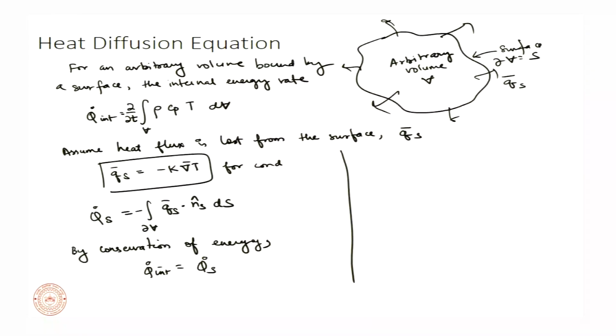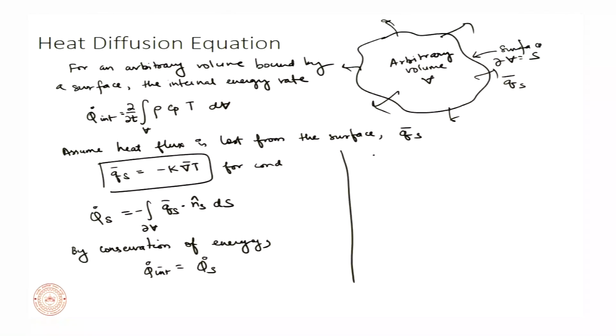So, whatever heat is being lost will be reflected in the internal energy. If the internal energy is increasing, that means heat is getting in. If the internal energy is decreasing, that means heat is getting out. So, that is why the negative sign is there, because a positive internal energy change means that the temperature will rise. So, heat radiating out will need to have a negative sign to counter that. Okay, so sign convention is very important. Just beware of where the sign is, what kind of sign you are using.